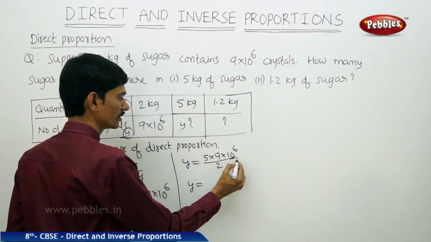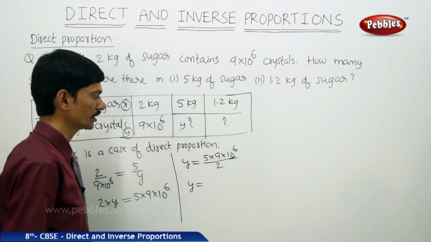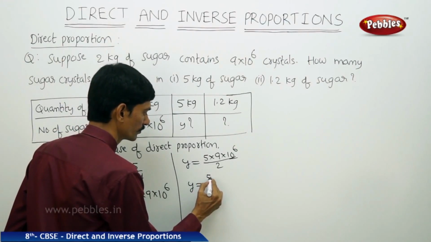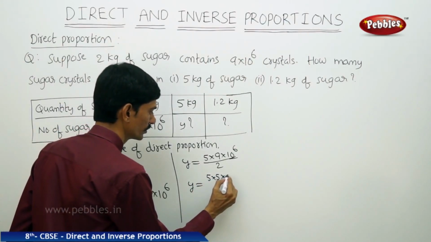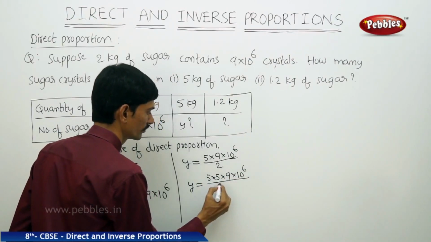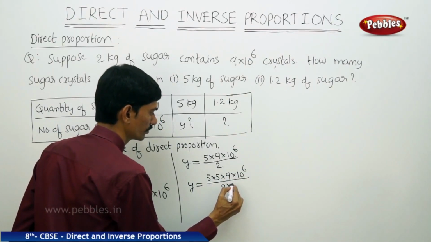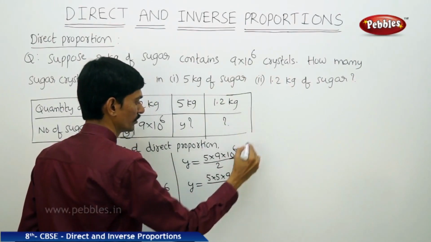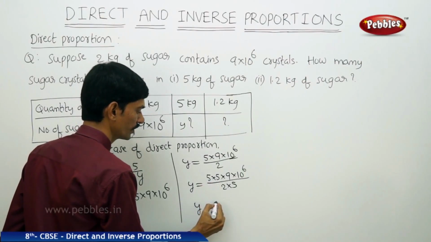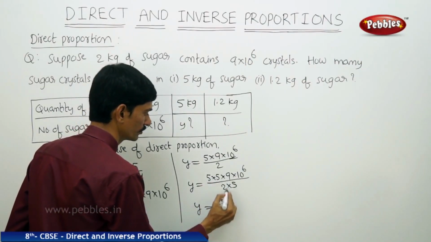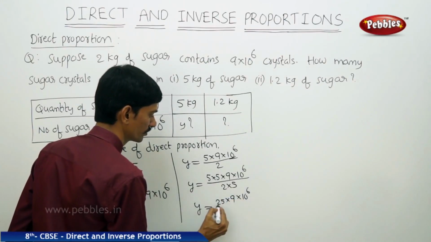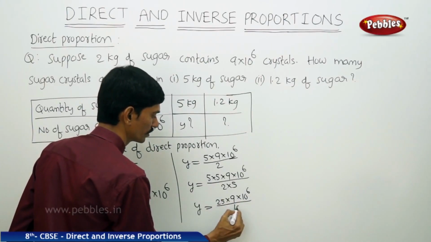Then y equals, now we will multiply both numerator and denominator by 5. So we get 5 into 9 into 10 to the power of 6 by 2 into 5. Then y equals 5 fives are 25 into 9 into 10 to the power of 6 by 2 fives are 10.